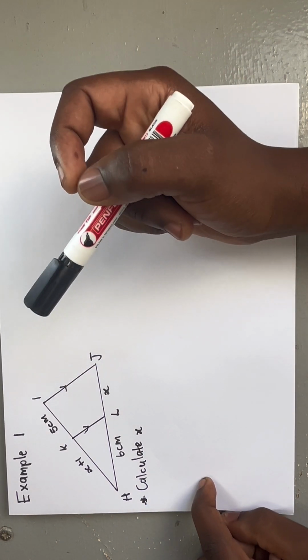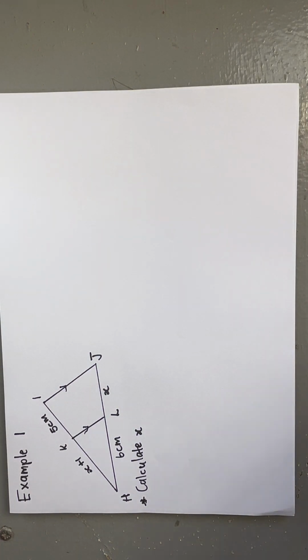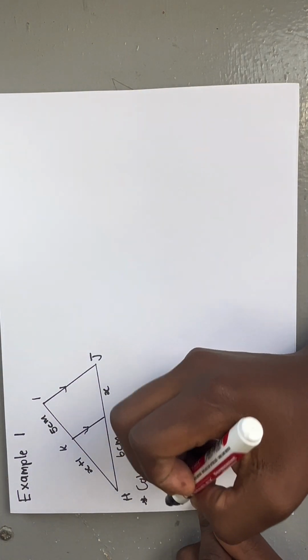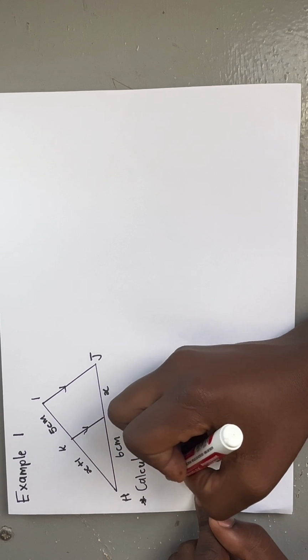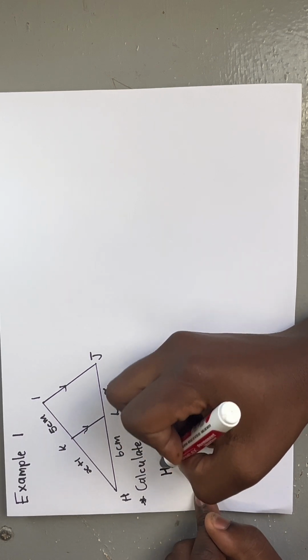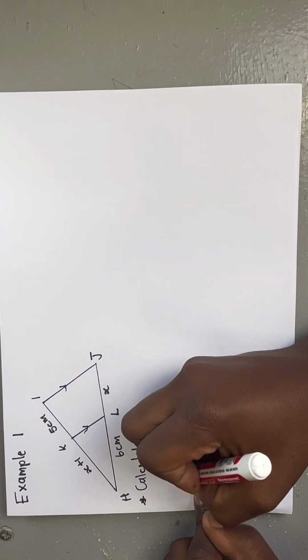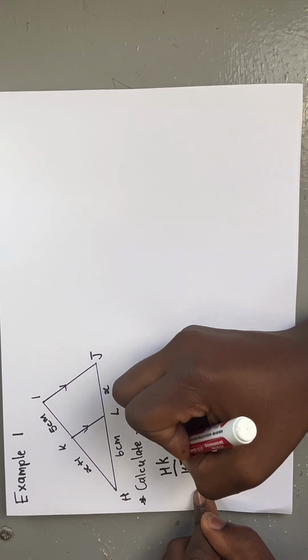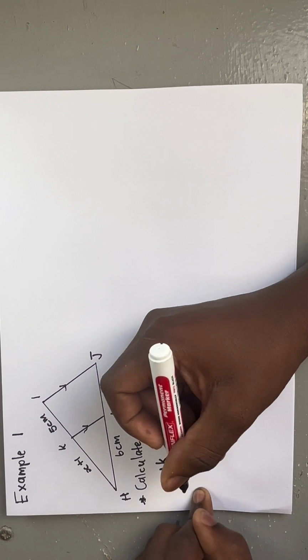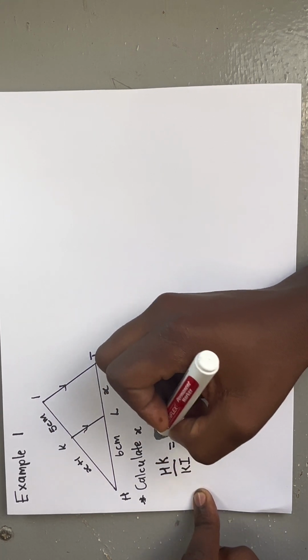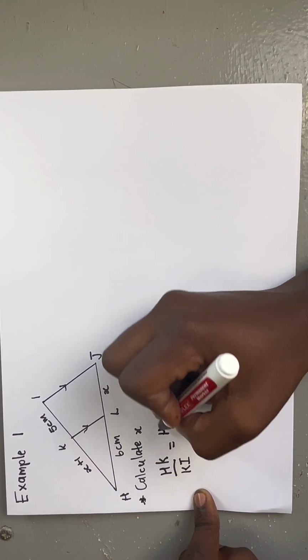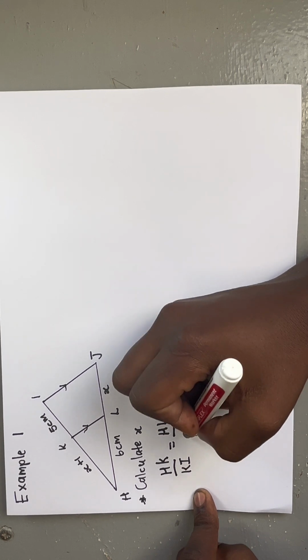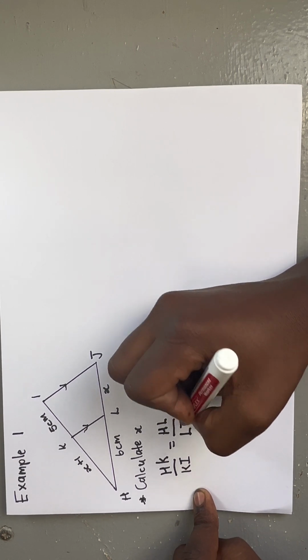And your reason behind that is going to be proportionality. So now this is going to be your HK over your KI, and remember you always choose the side that consists of maximum information. It's going to be in proportion with your HL and your LG.